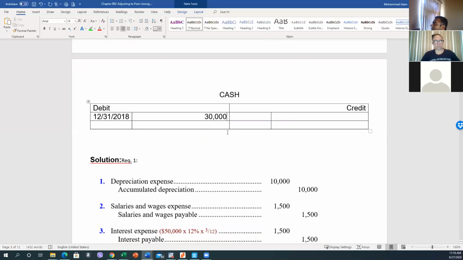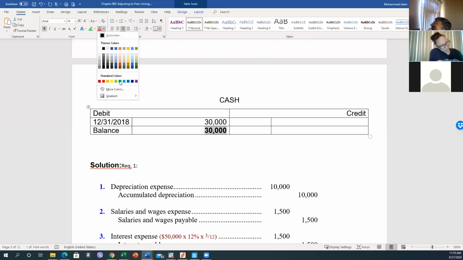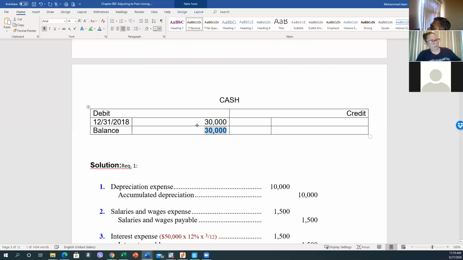That is why our cash balance would be this 30,000. I'm just making it bold and a different color. So this is our balance of cash.